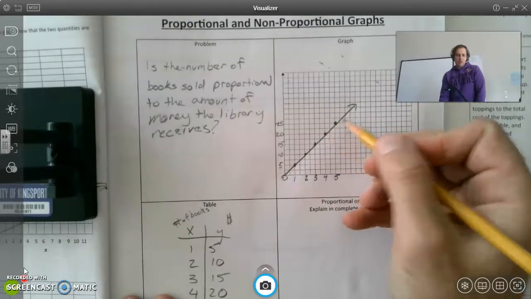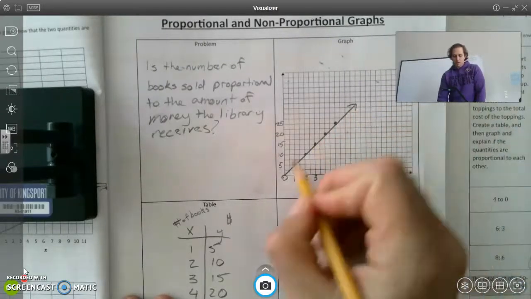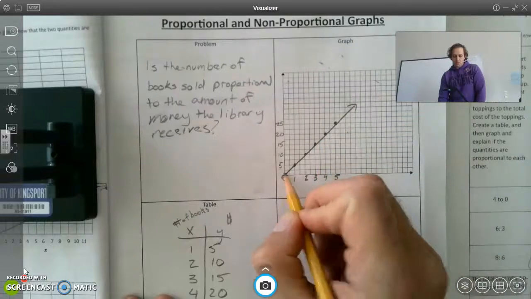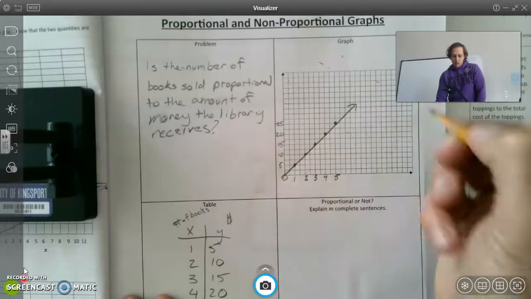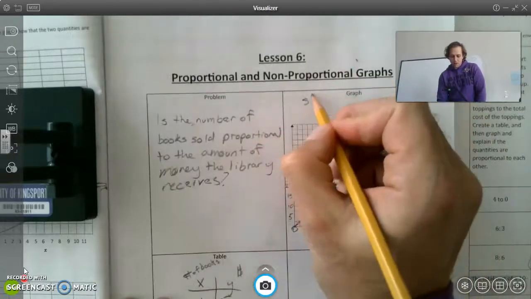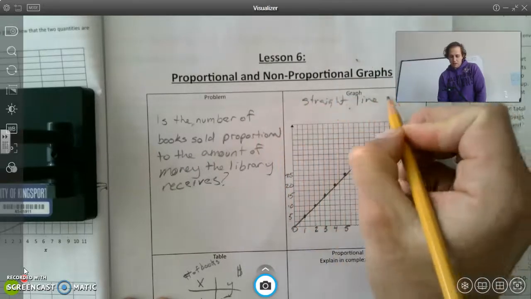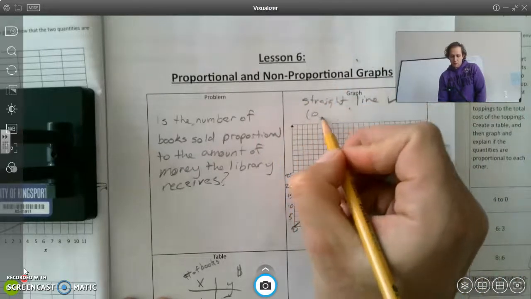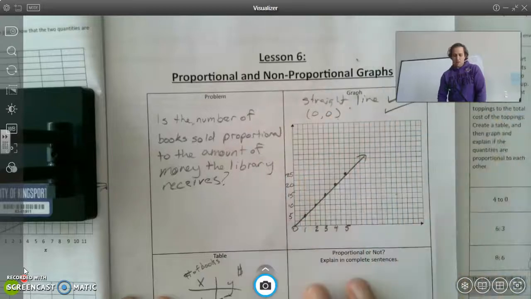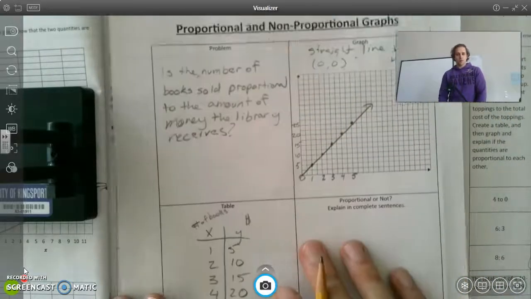My tracing is a little off. Maybe I should have used a ruler. It appears to be a straight line. It appears to go through 0, 0. So we can make our notes up here. Straight line. Check. 0, 0. Check. It meets our criteria for a proportional relationship.